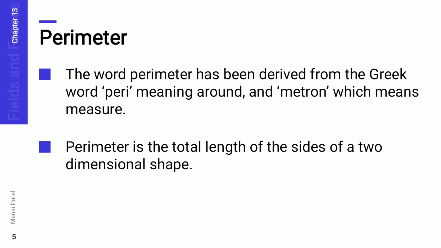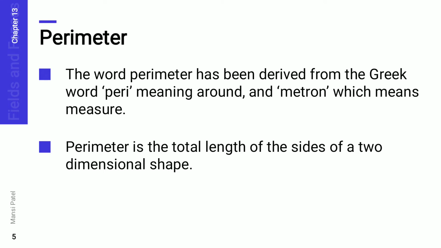Now, as you already studied in our previous standard and in previous chapters, what is the meaning of a two-dimensional shape? The shape which has only two things, either length and breadth, or height and breadth, or length and height.